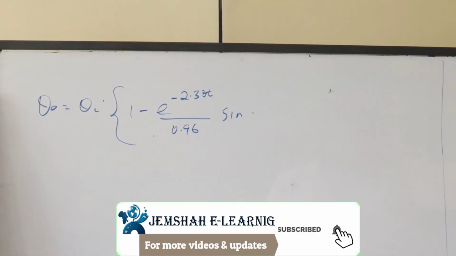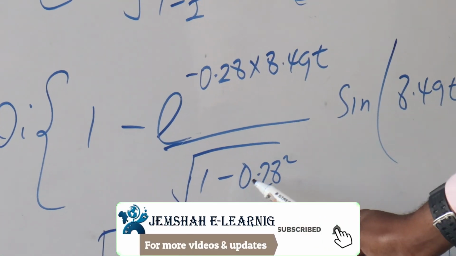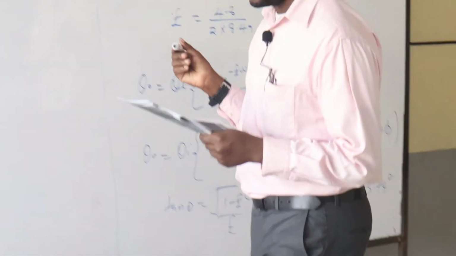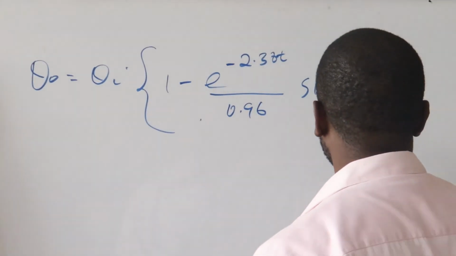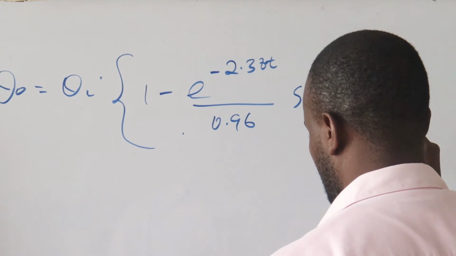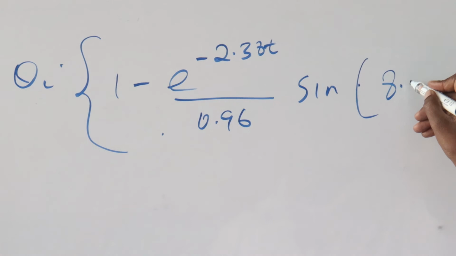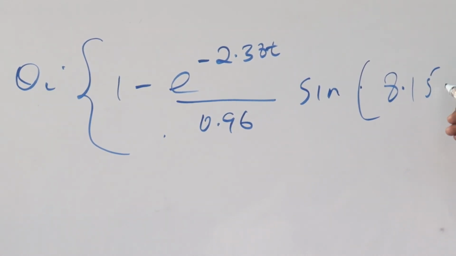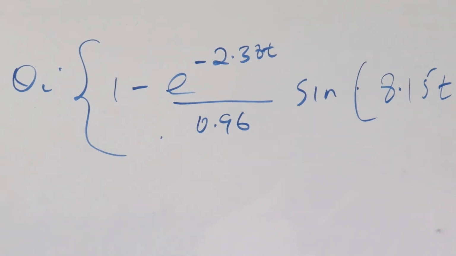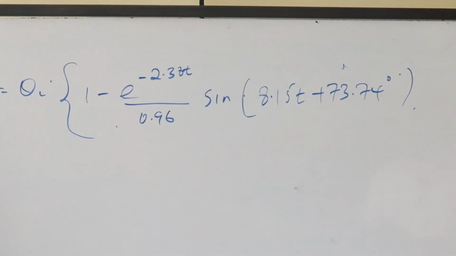If you multiply and simplify, 1 minus 0.28 squared, and you get its root, you find that it is 0.96. Then from there, you have the sine of 8.15t plus 73.74 degrees. So that is what we are going to have in that case.